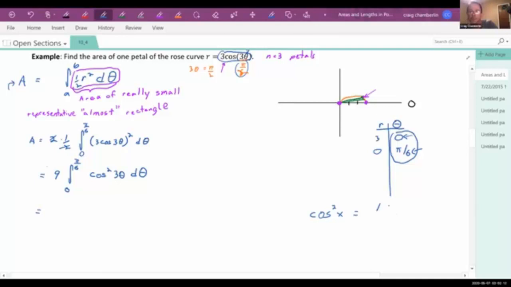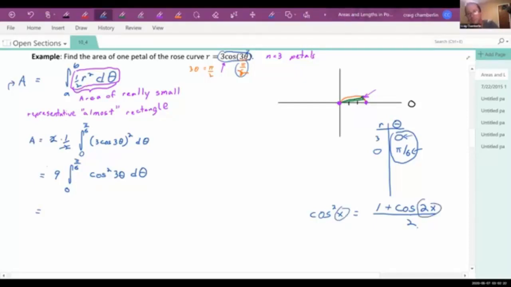It becomes (1 plus cosine 2x) over 2. Cosine of 2 times the angle, right? In fact, you can derive this from one of the double angle formulas for cosine. So that means you double whatever is right here and put it right here.